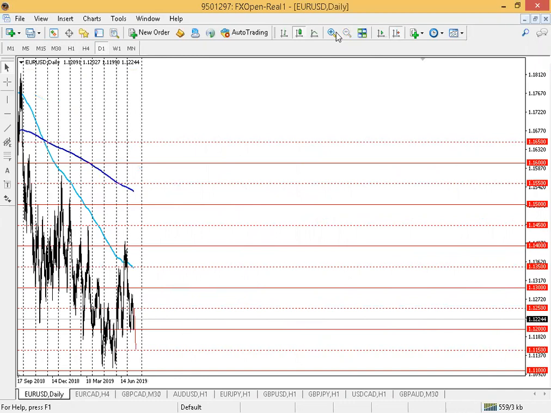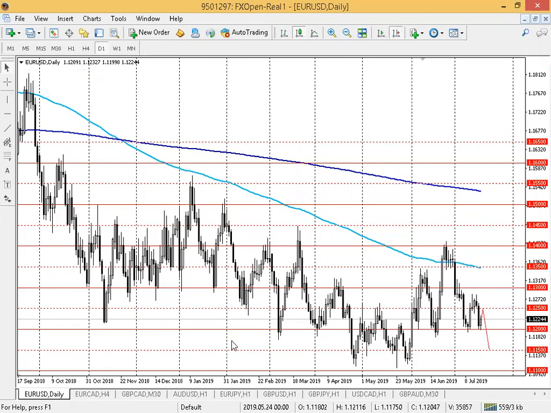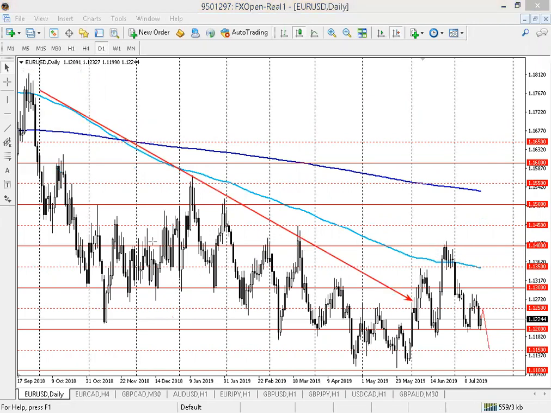Now, if you were to look at this chart right now, we have this decline that came in, and the market has been in a bit of a sideways consolidation before it actually drops. So it moves sideways a bit, spikes up and then continues to the downside.